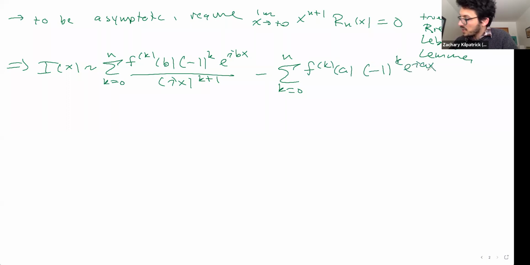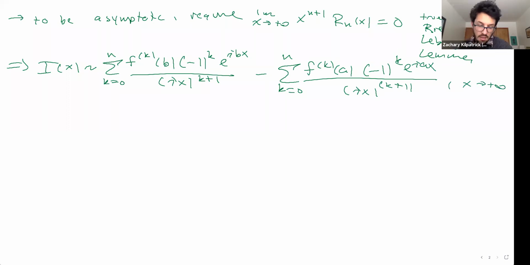If we just want the leading order approximation, we can just take the k equals 0 term there. And because we have an asymptotic series, this should work up to whatever the remainder term is, for any number of terms.